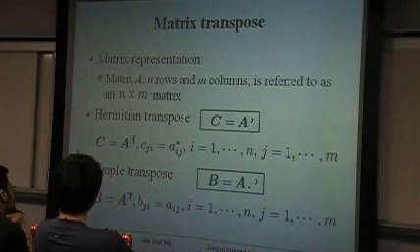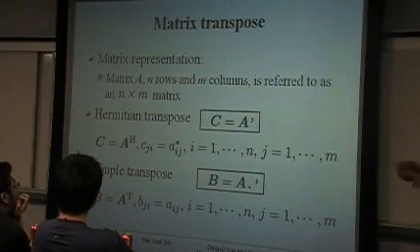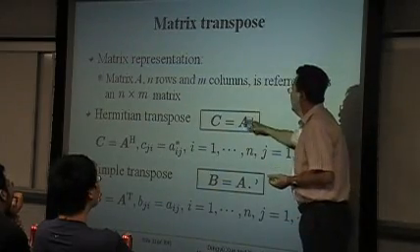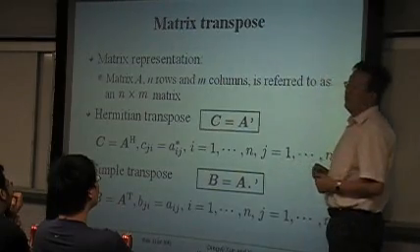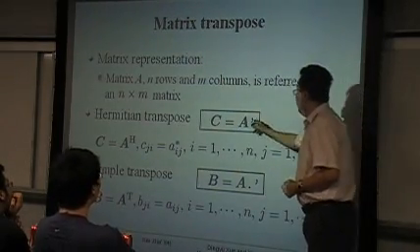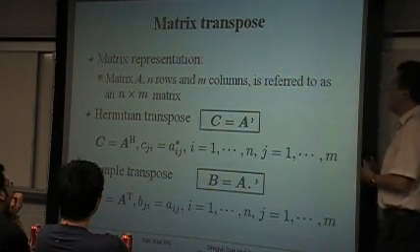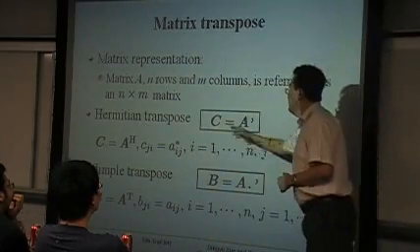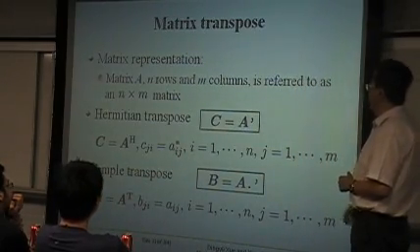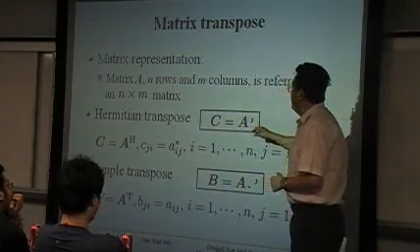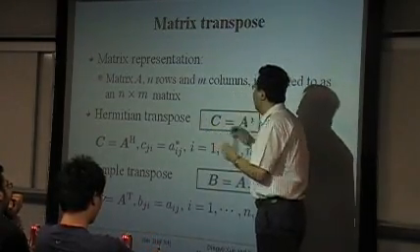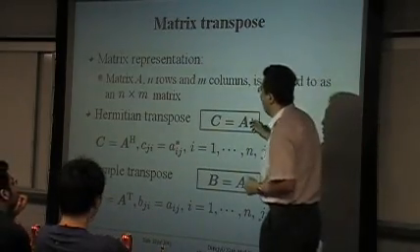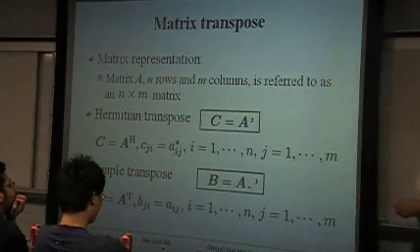This one is quite simple, but I have to say that you have to use it in a careful way. If A is a real matrix, there is no problem. If A is a complex matrix, what you get is the conjugate transpose of the matrix. We call it the Hermitian transpose. So for complex matrices, what we get is not the direct transpose, but the conjugate transpose of the matrix.